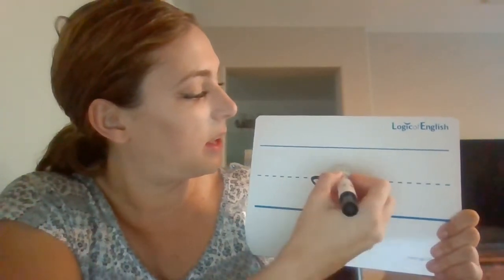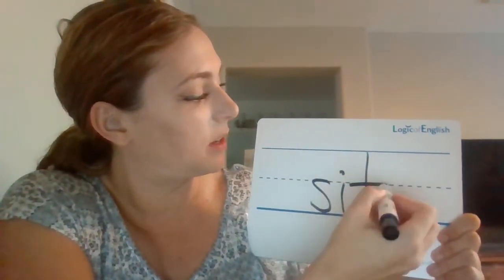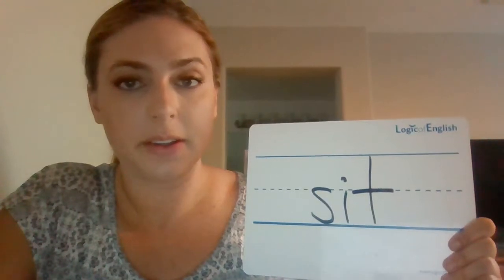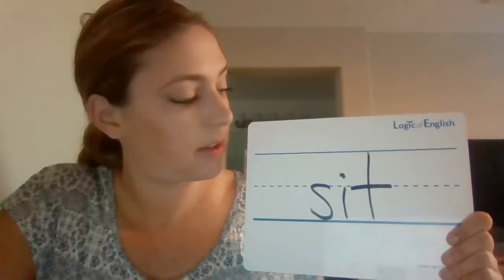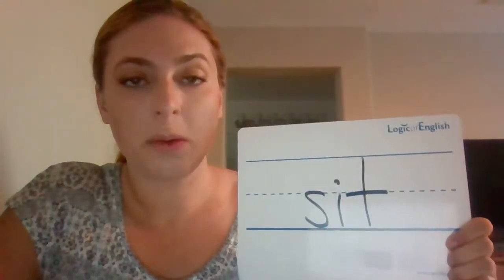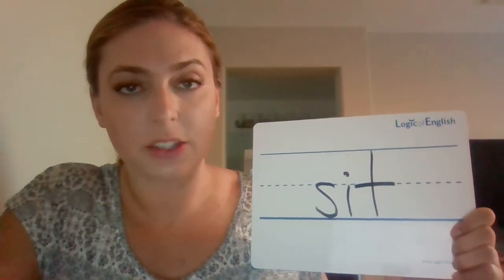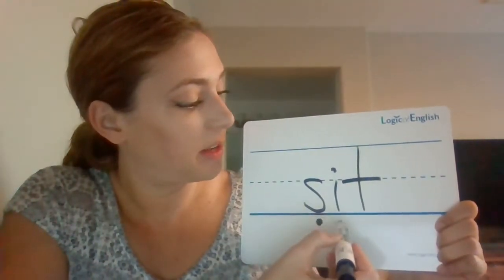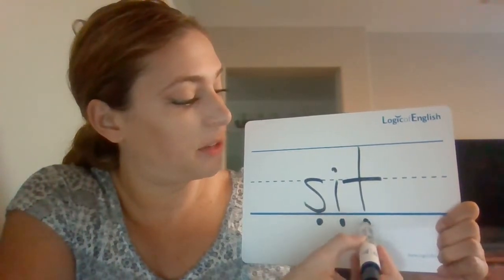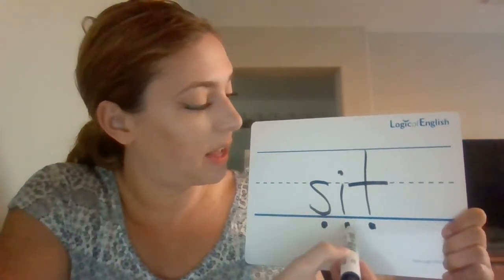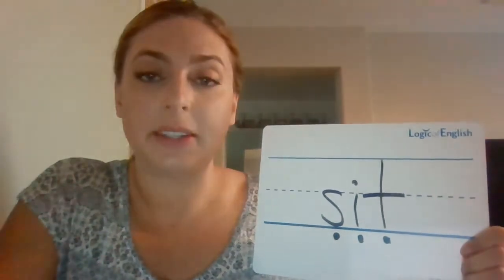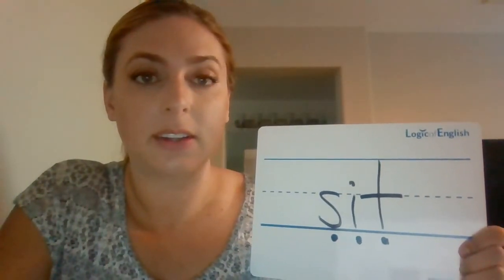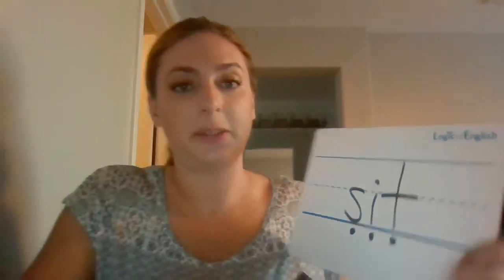S, I, T. Good. I'd like you to write it one more time. As you write the word this time, you're going to put a dot under each letter and say the individual sounds. S, I, T, sit. Good job, friends.